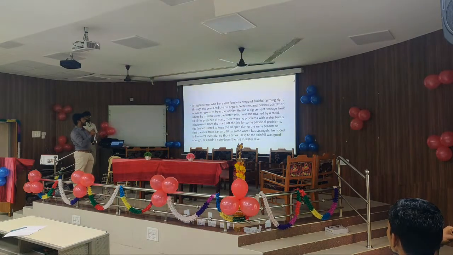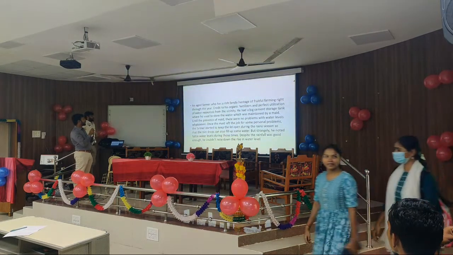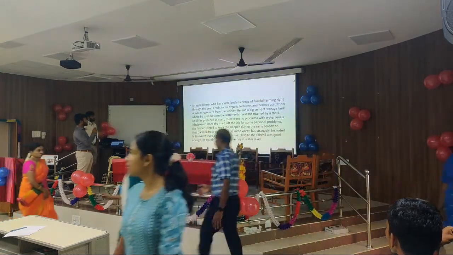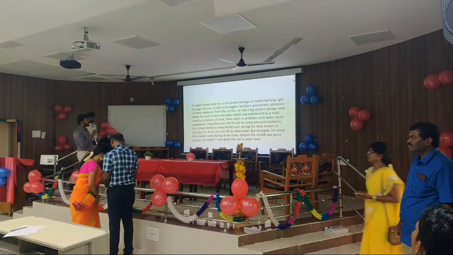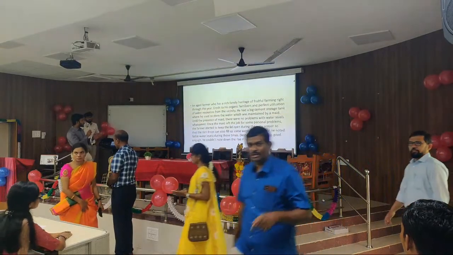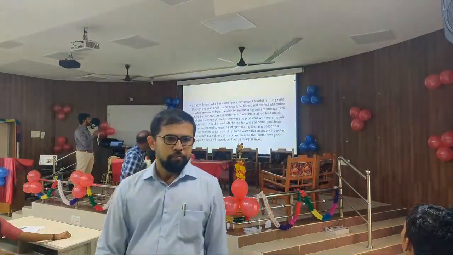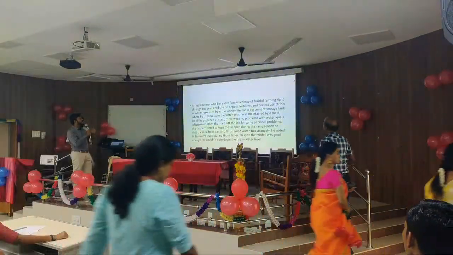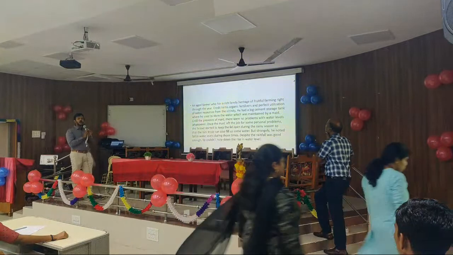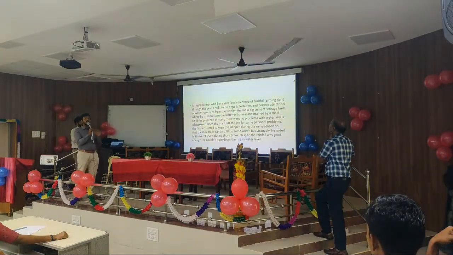Until the presence of the maid, there were no problems whatsoever. Once the maid left the job for some personal problems, the farmer started to keep the lid open during the rainy season so that the raindrops could also fill up some water. But strangely, he noted a fall in water levels during those times. Despite the rainfall being good enough, why was there a fall in the water levels?